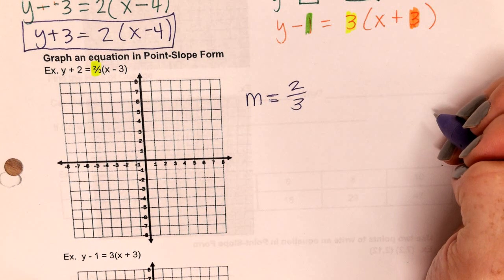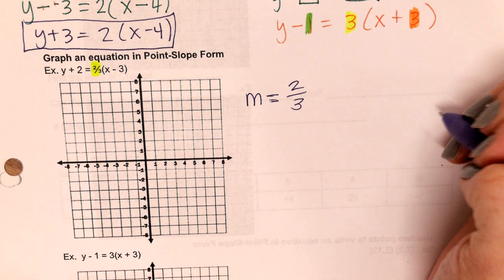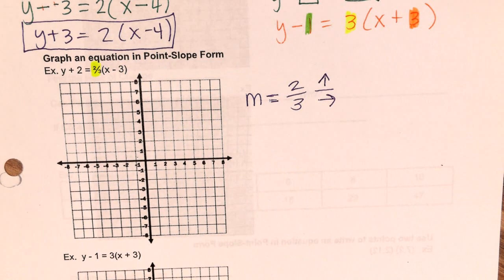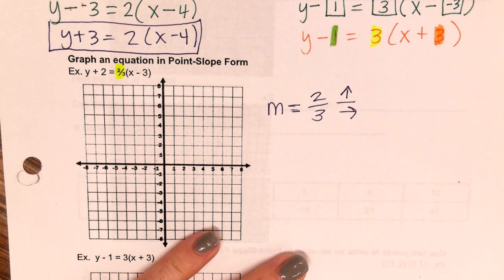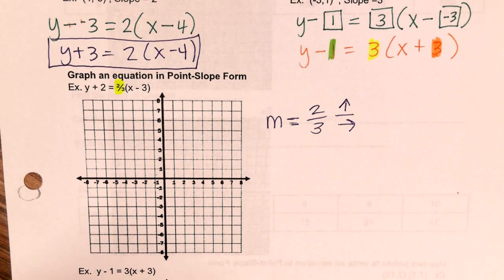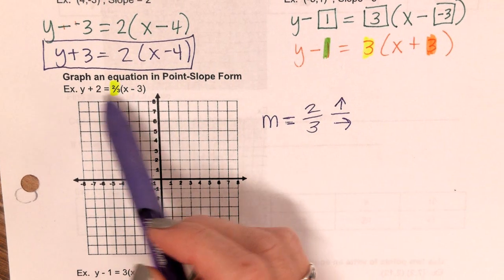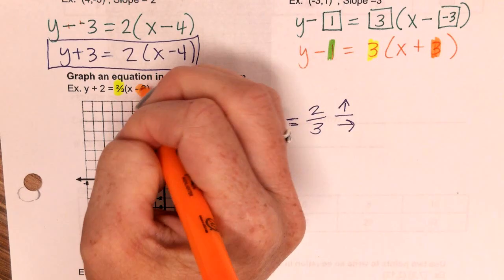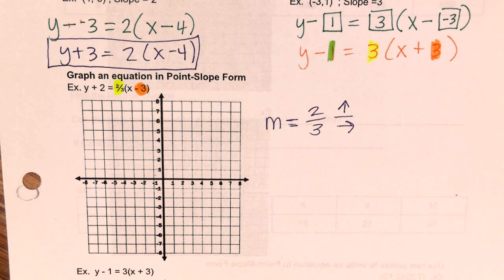Which direction am I going to rise and run? Up 2 and right 3. Which other ways could I go? Down and left. Okay. Now I need somewhere to start. Since I don't have a y-intercept, I can start at any point. So I need to pull a point out of this equation. So right here, this is going to be the opposite of the x value.